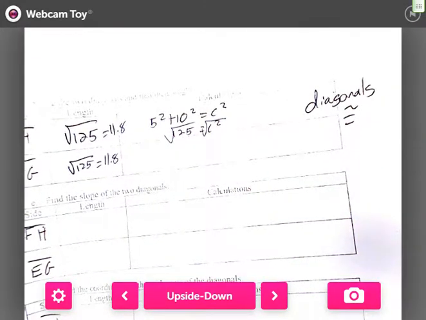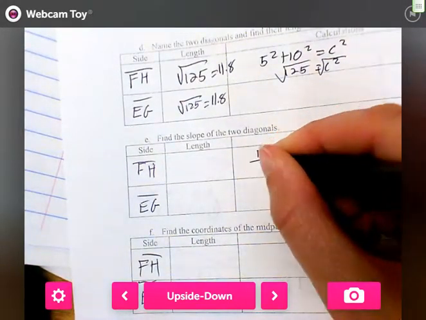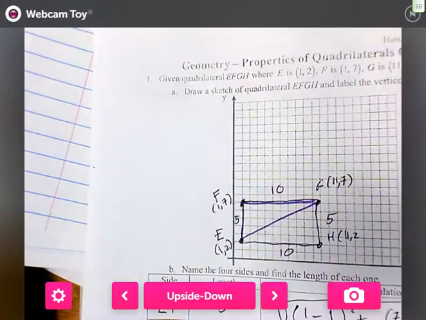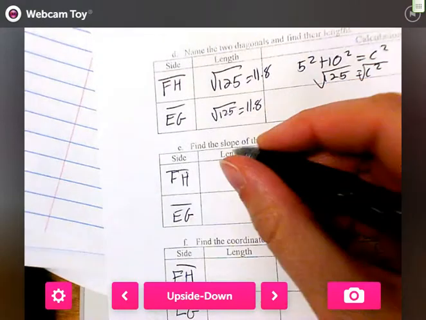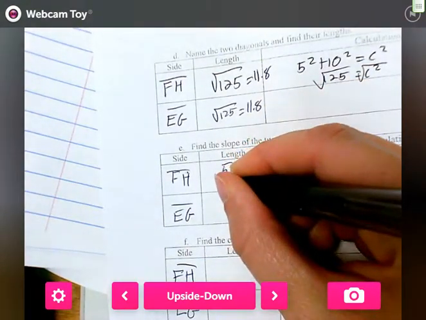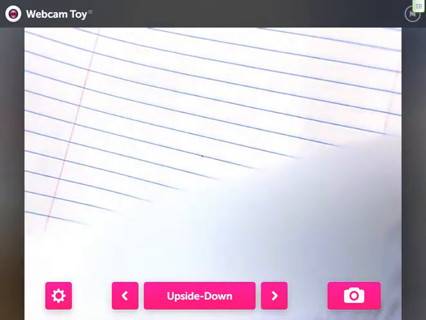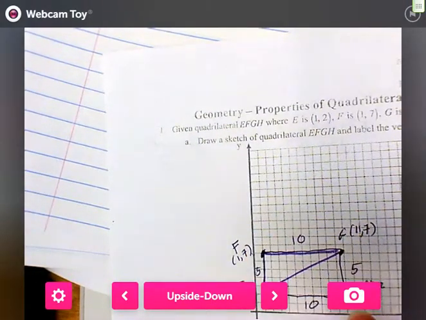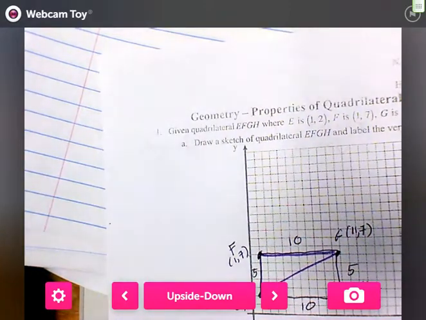Okay, the slopes. It's rise over run, right? So if I turn back, please don't talk while I'm talking. If I turn back, I went up 5 to the right 10, right? 5 over 10 gives me, and we're going F to H. If we're going F to H, it's this way.